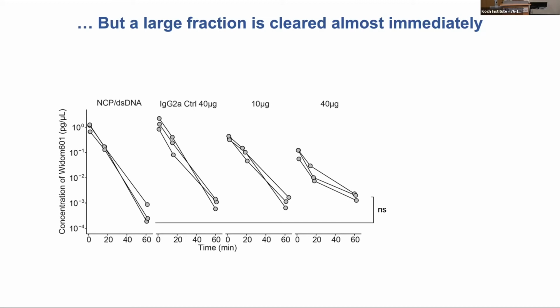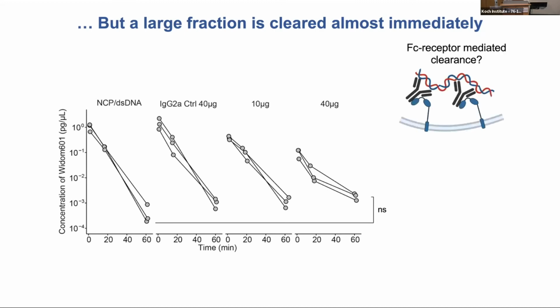At 1 minute, a large fraction of the DNA that we injected was being cleared in the presence of anti-double-stranded DNA antibody. Our hypothesis here was, what if interactions with Fc receptors are leading to sequestration and clearance of the DNA that we're injecting?